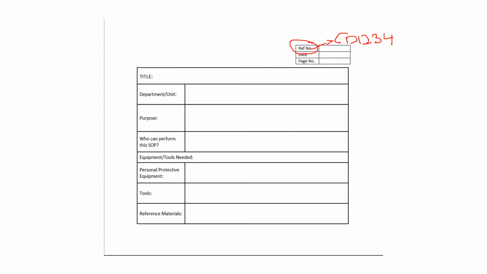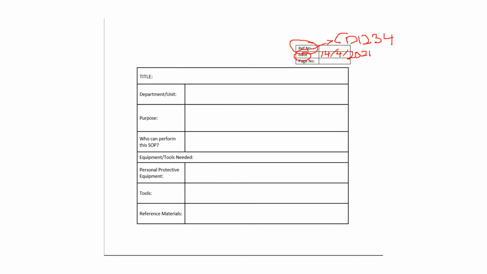So please read carefully in the text. If the reference number is given, then you have to put it in the template here. For the date, today is the 14th of April, 2021. So this is how you are supposed to write the date for the template on SOP.